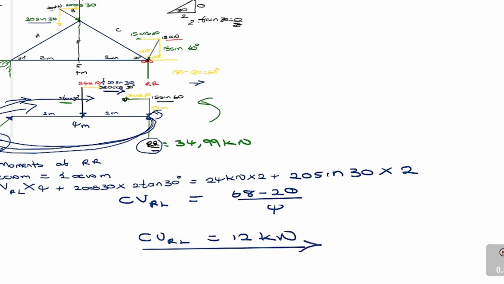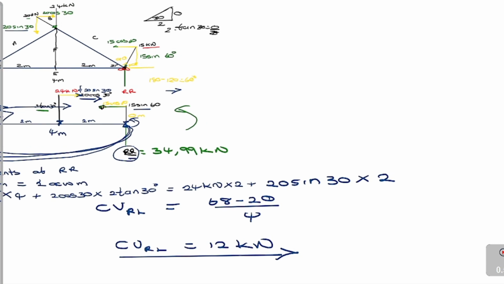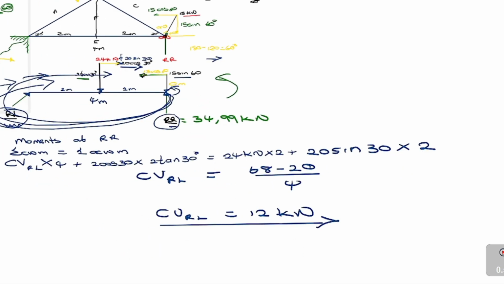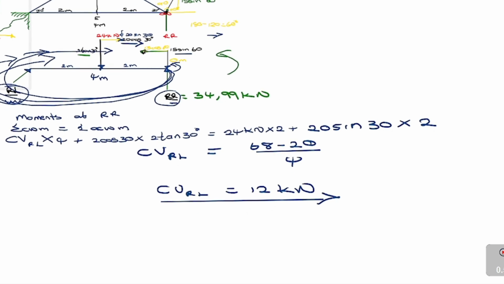This is just the vertical component of your reaction. But now you need to find out the horizontal component as well. How you will find the horizontal component is not very hard. Let me write it here. So that's the vertical component.